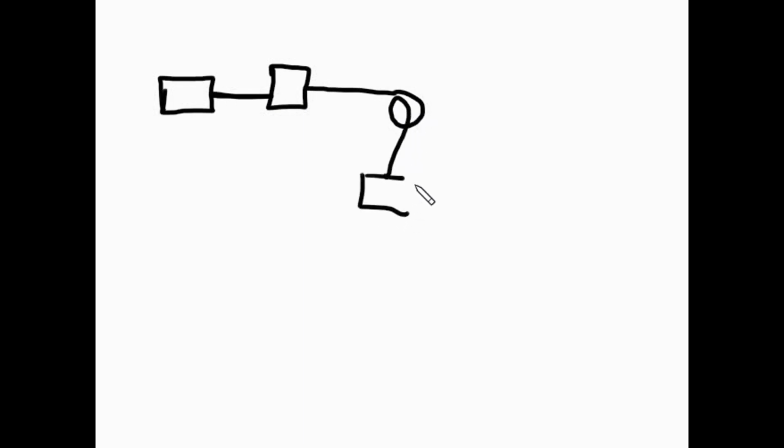Let's say I have a block here attached to another block by a rope, and over here there's what we call a pulley system, and there's another block over here.